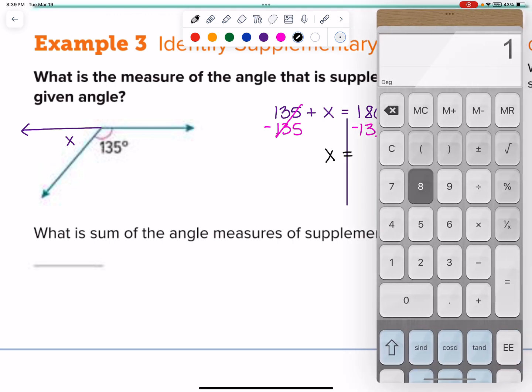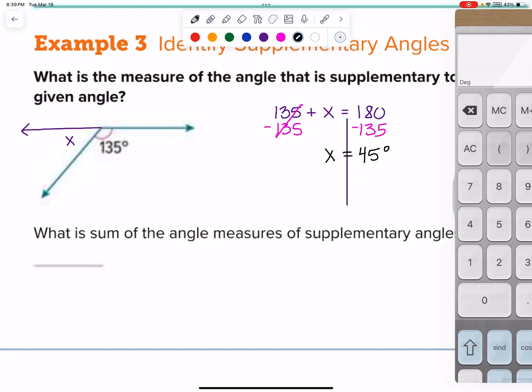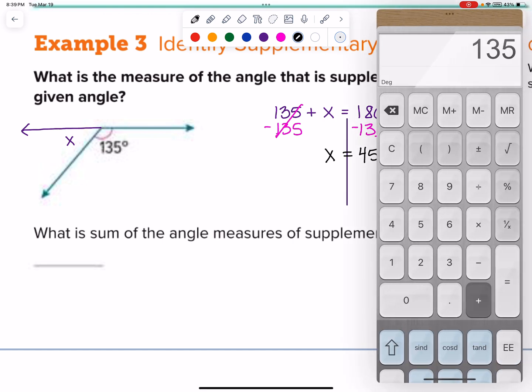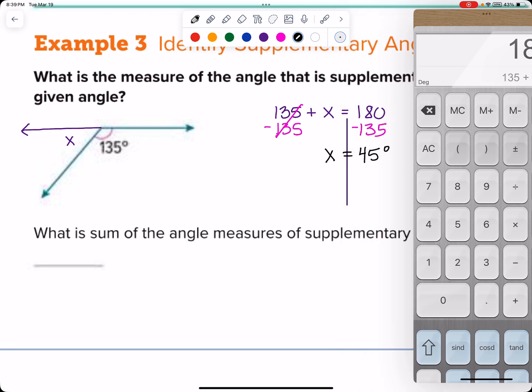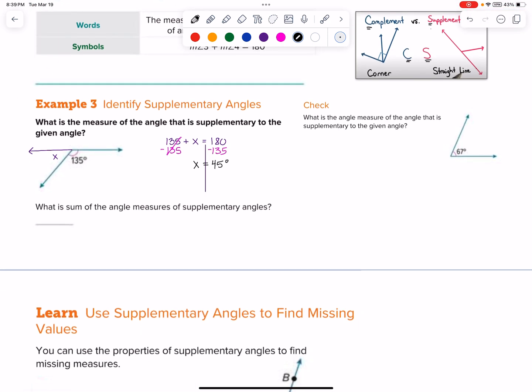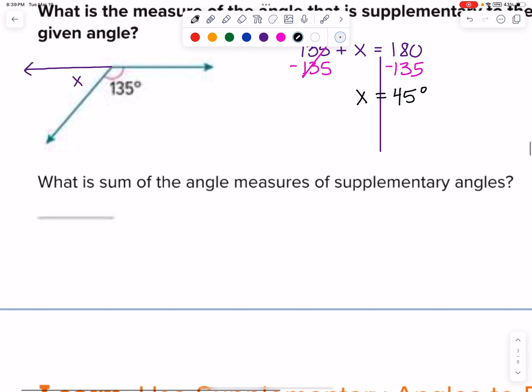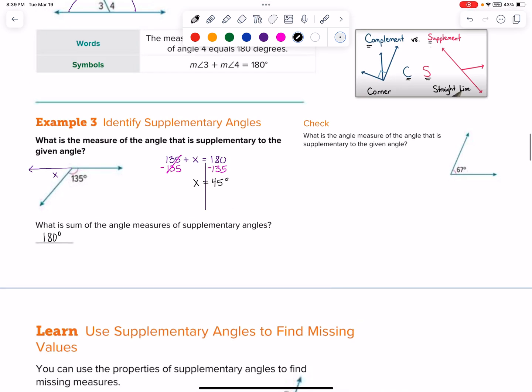And then 180 minus 135 is going to be 45 degrees. So x is 45 degrees. Let's see if that makes sense. 135 plus 45 should be 180. Yep, it is. So what is the sum of the angle measures of supplementary angles? Well, we know the sum of the supplementary angles is 180 degrees.